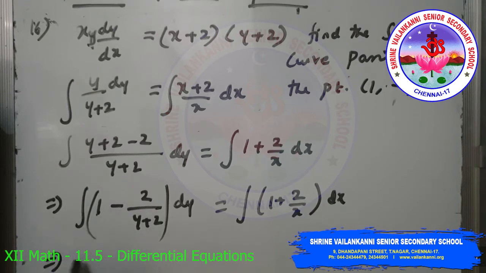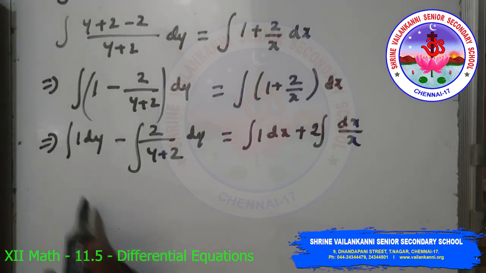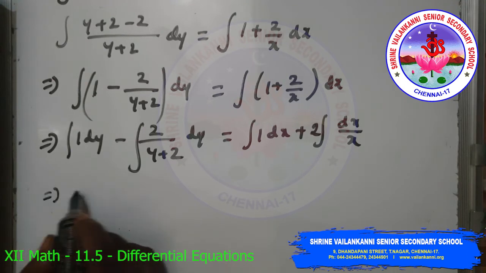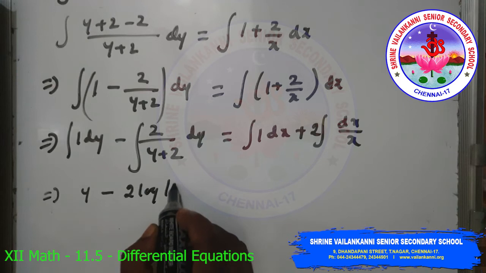So we can separate this, 1 into dy minus 2 by y plus 2 integral of dy, which is equal to 1 into dx plus integral of, we can take 2 out, dx by x. So integrating dy we get y minus 2 log of y plus 2.